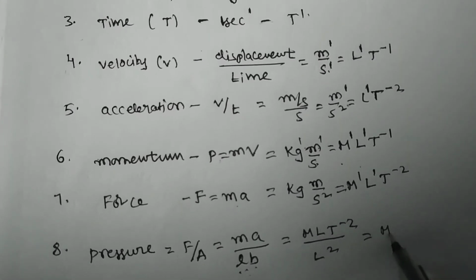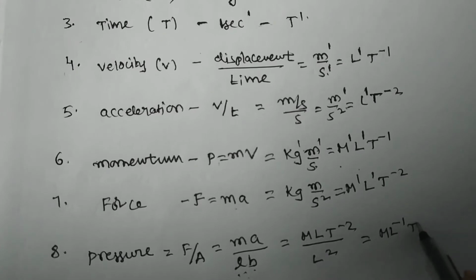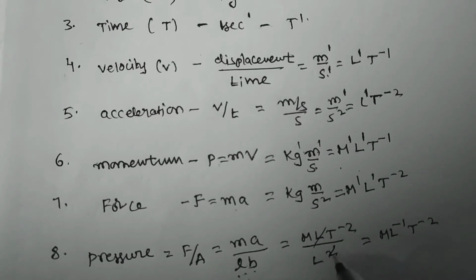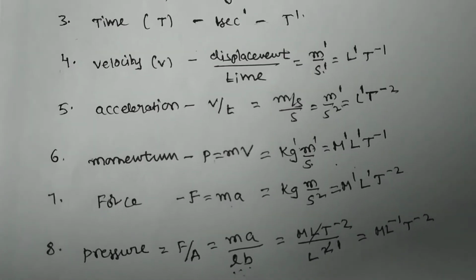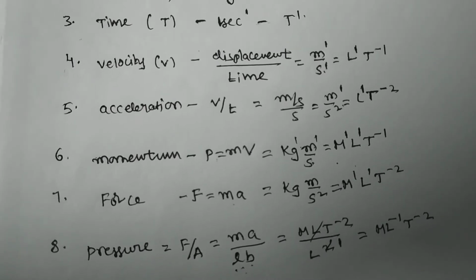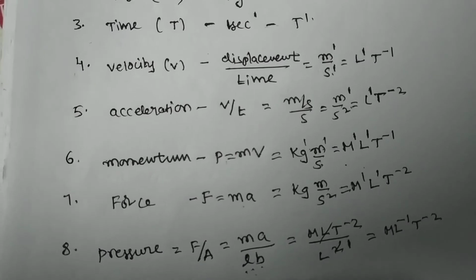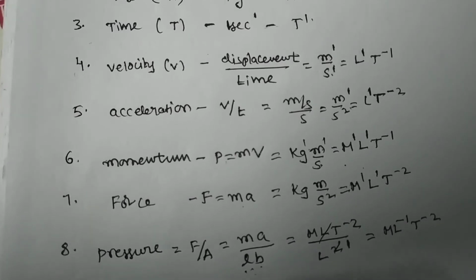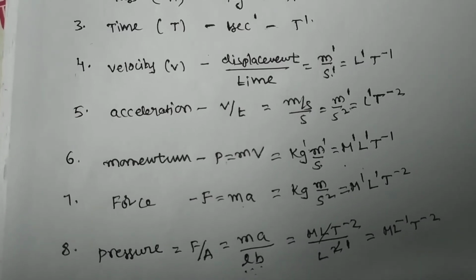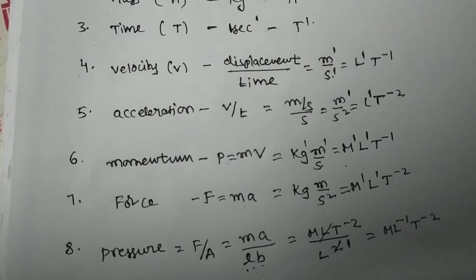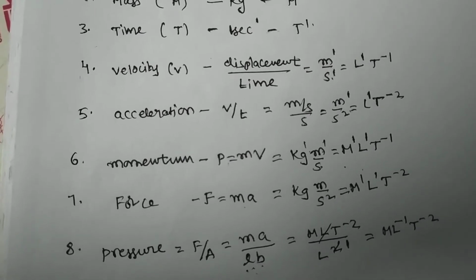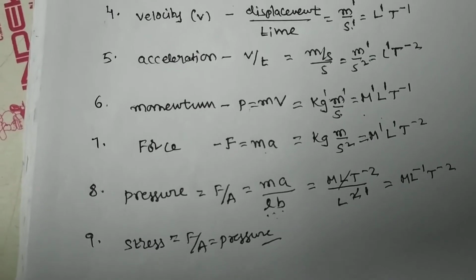You can write like this: M L minus 1. One L gets cancelled, one L remains. So M L minus 1 T minus 2. Next, stress is nothing but force by area. So stress and pressure have the same units.